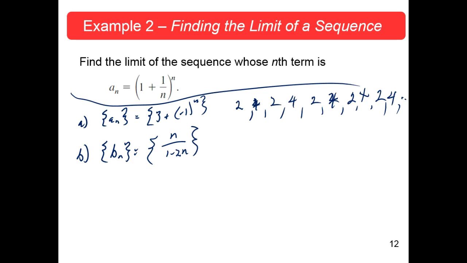Now, we listed them before. Let's this time use our function notation. Okay? And what would that give us? Right?